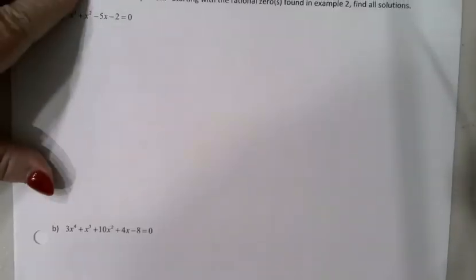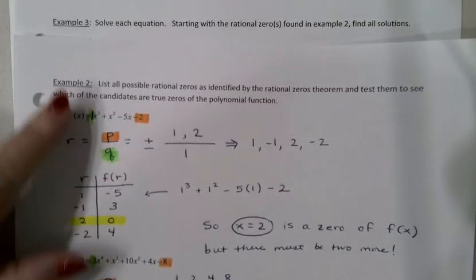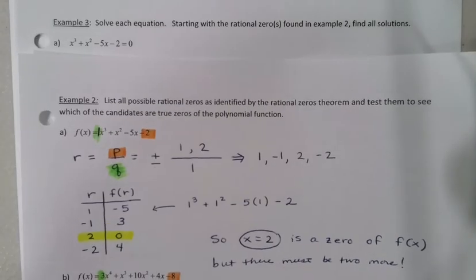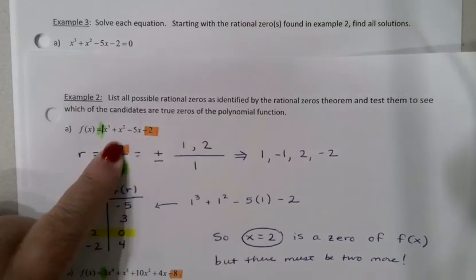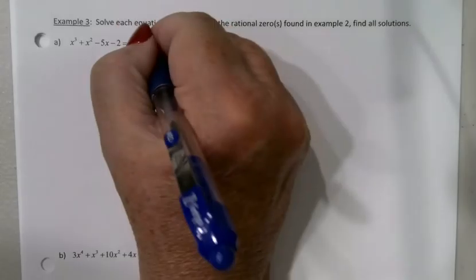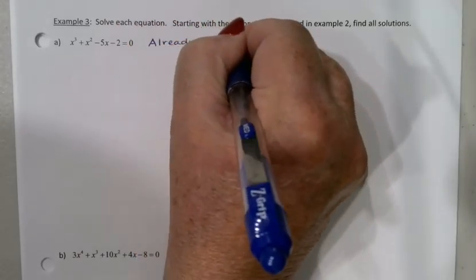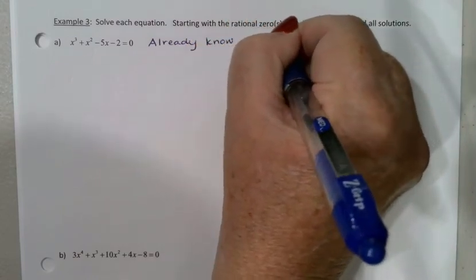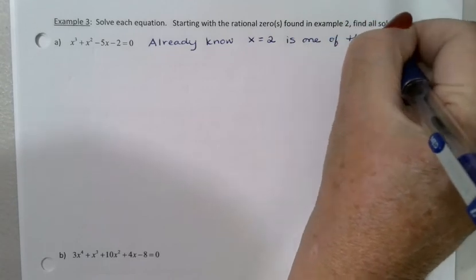I'm actually going to build on what we were already working with. In my first example, notice that I've now set my equation equal to 0, but it's the same function from this last example. So we already knew that x equals 2 is one of the zeros.